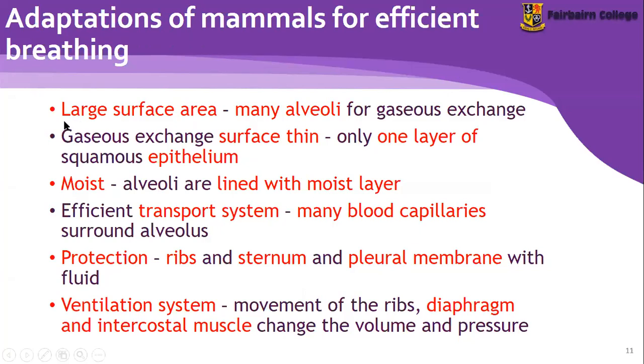So for instance, one of the things needed for efficient gas exchange is a large surface area. The way that mammals achieve this is by having many alveoli. You just looked at the diagram of the gas exchange system, and you saw literally millions of alveoli in the lungs. By having so many alveoli, you increase the surface area for gas exchange.